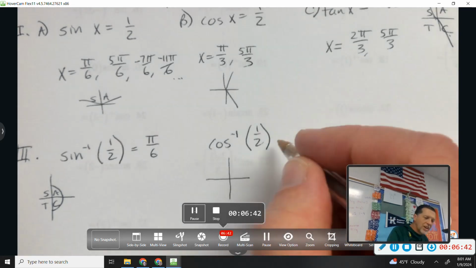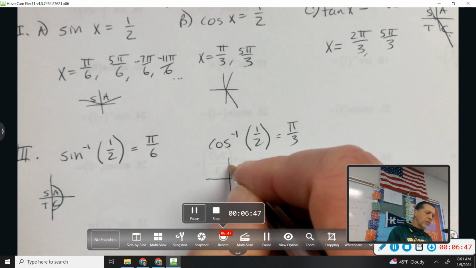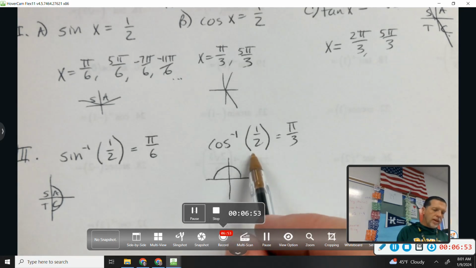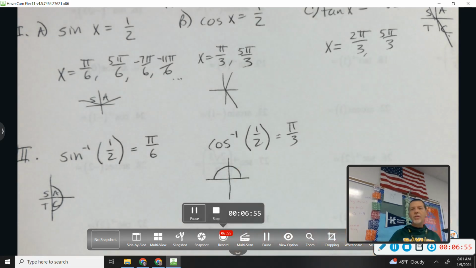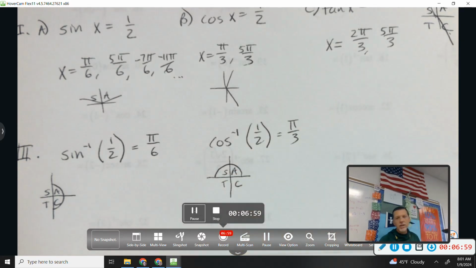Pi over 3. So if you can get your answer from the first quadrant, get it from the first quadrant. If not, get it from the closest spot you can. And for cosines, that means you'll be looking in the first or second quadrant.